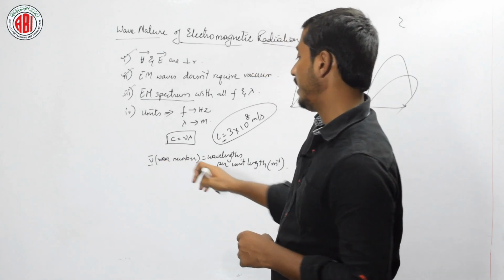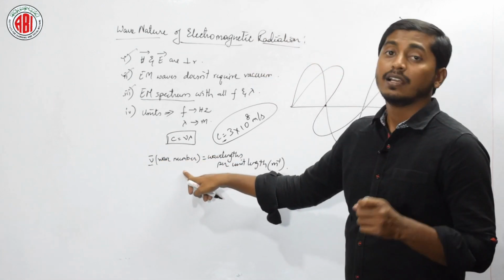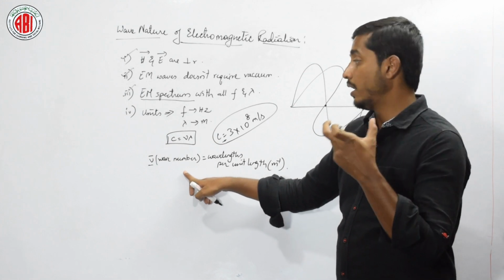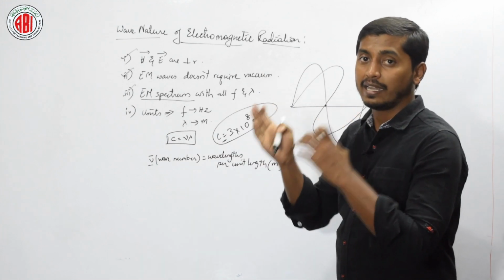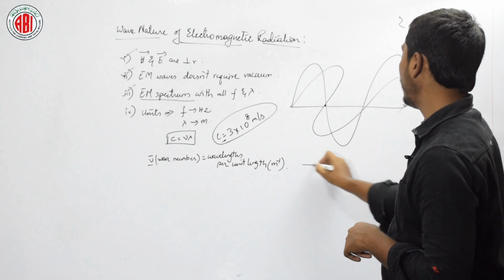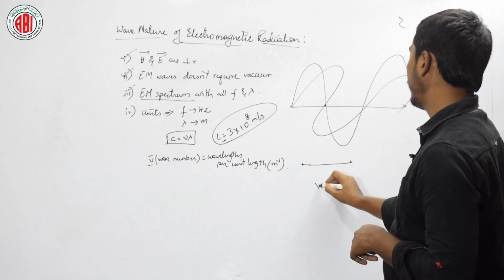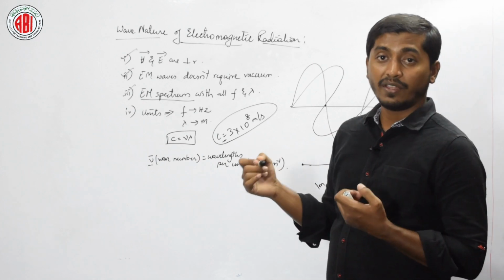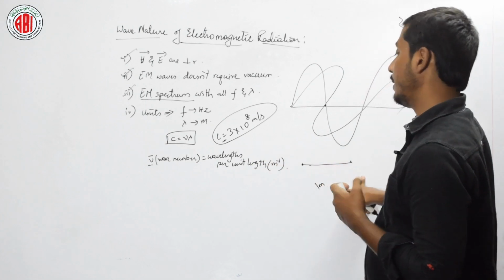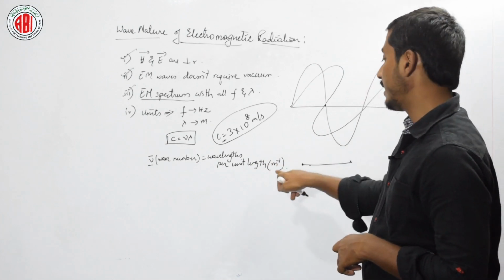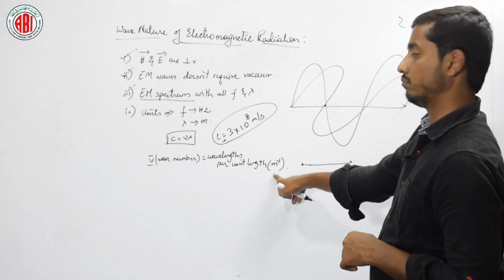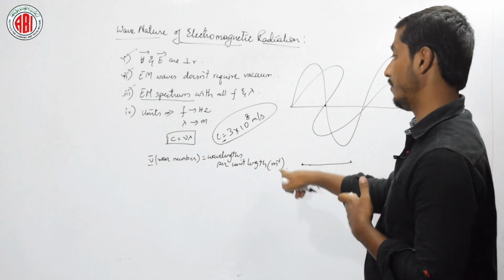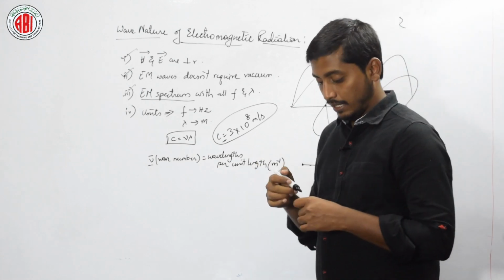He tells that wave number is the number of wavelengths per unit length. For example, if I assume 1 meter, how many waves pass through in this meter? That is usually denoted per meter, that is the unit of meter inverse. Is it clear?